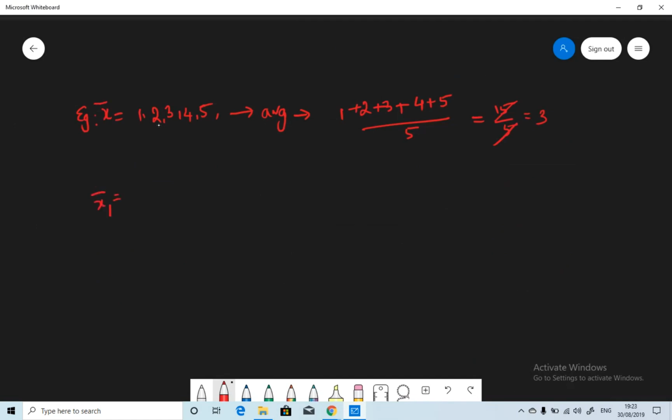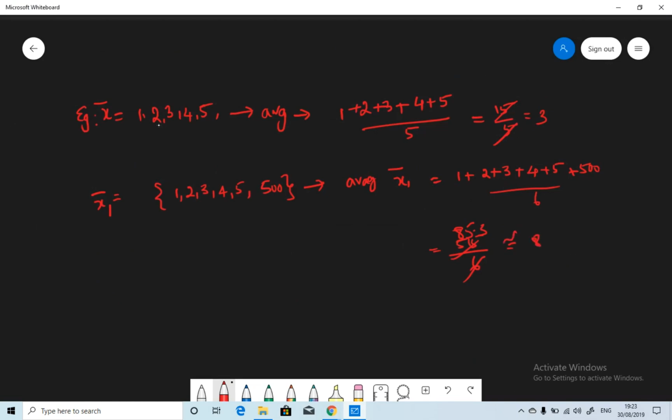Now I have taken x1. What is my average? x1 bar will be 1 plus 2 plus 3 plus 4 plus 5 plus 500, divided by 6. That is 515 by 6, which is close to 86.